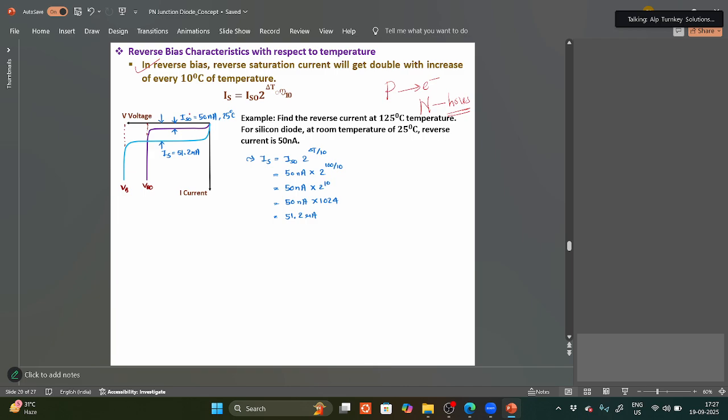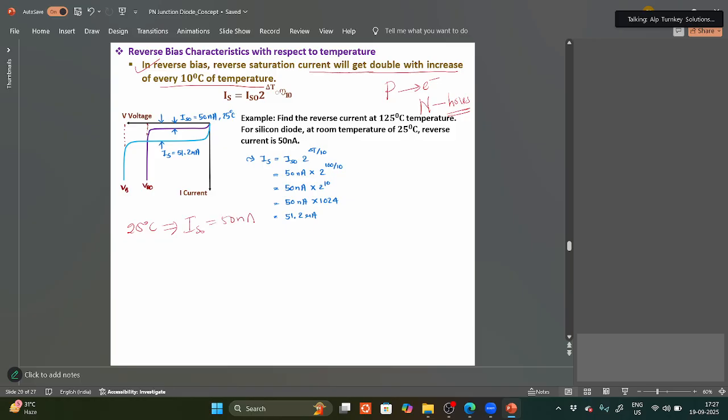So in reverse bias condition, the current doubles for every 10 degrees rise in temperature. Let us consider at 25 degrees Celsius the reverse saturation current Is naught.